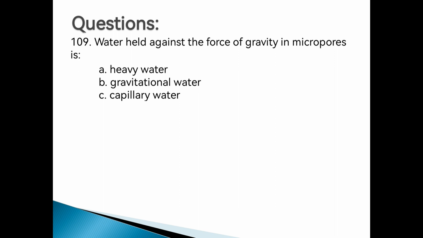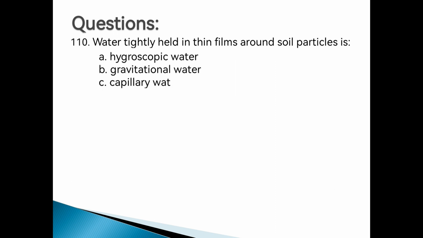The correct answer is C. capillary water. 110. Water tightly held in thin films around soil particles is A. hygroscopic water, B. gravitational water, C. capillary water. The correct answer is A. hygroscopic water.